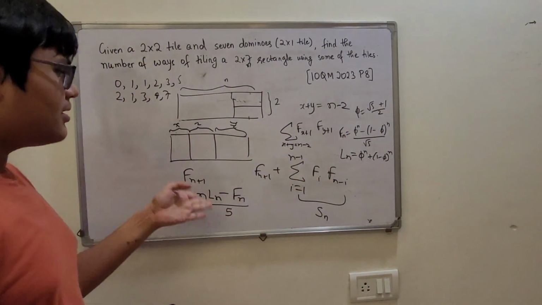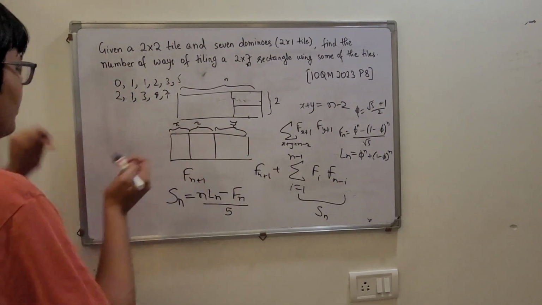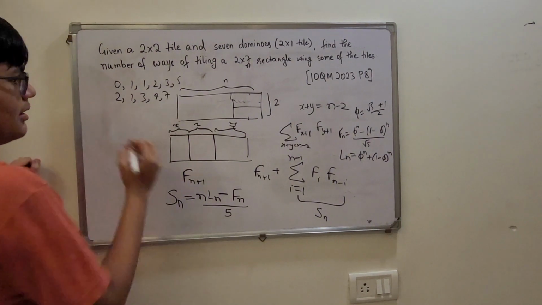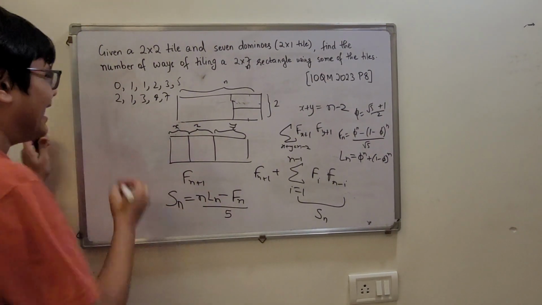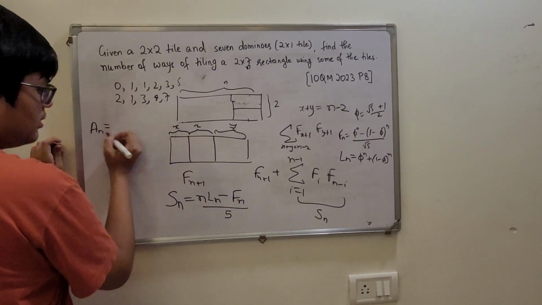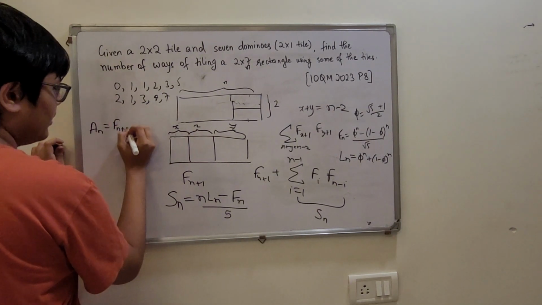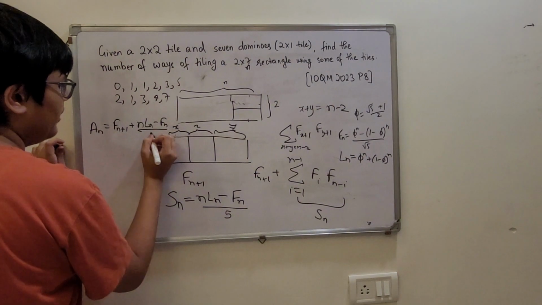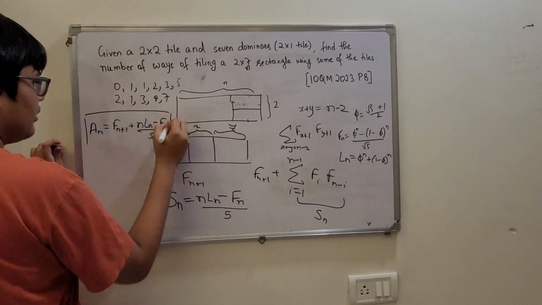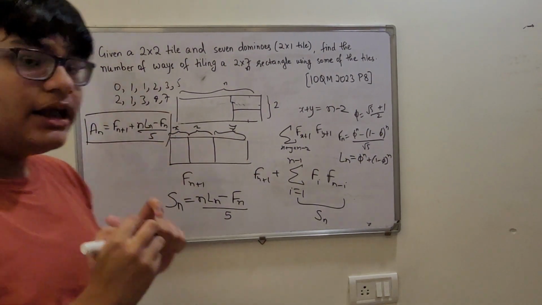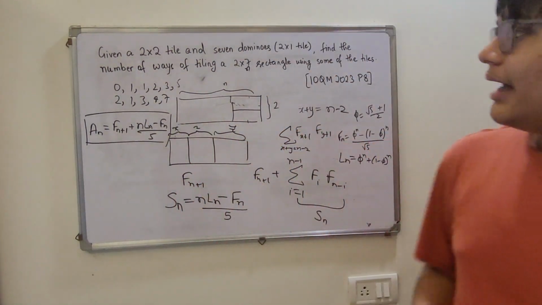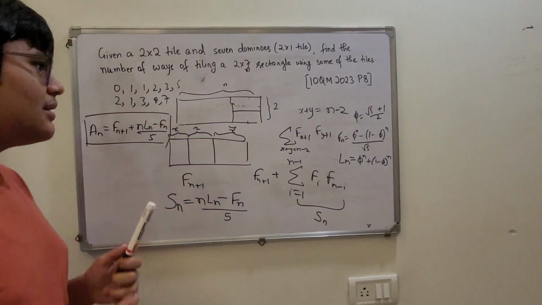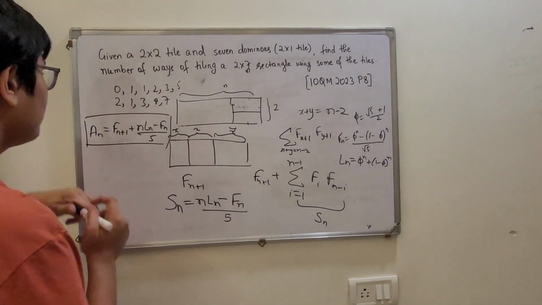And using this formula and plugging it in, let's say our answer for n is called An, then An equals F(n+1) plus (n times Ln minus Fn) divided by 5. And if you put n equal to 7 here, let's write the Lucas series and the Fibonacci series for the first few terms.